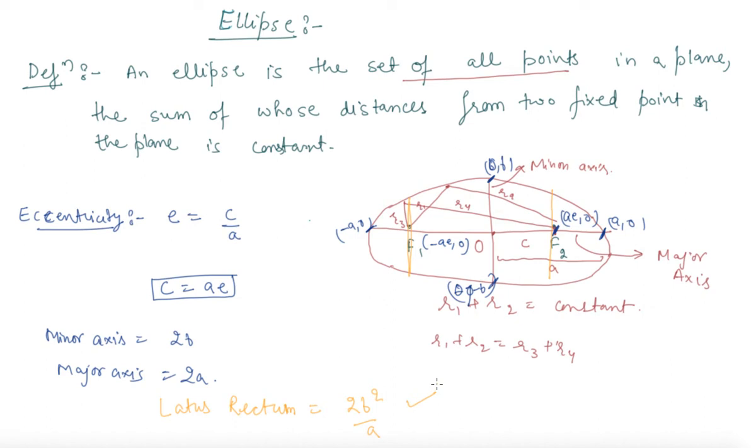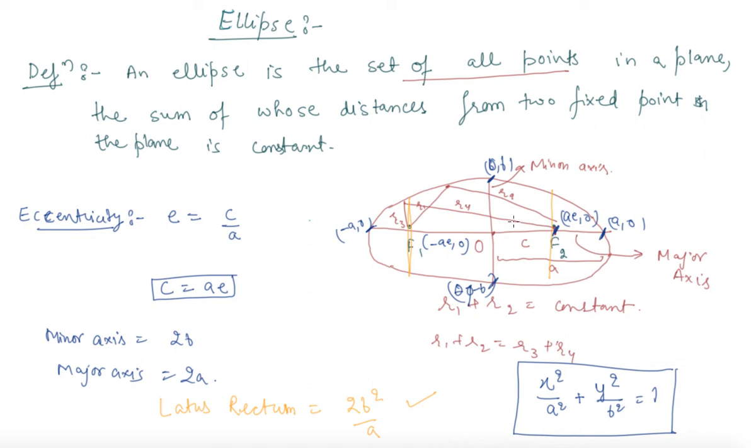Okay, so the standard equation of the ellipse is of the form x square by a square plus y square by b square is equal to 1.